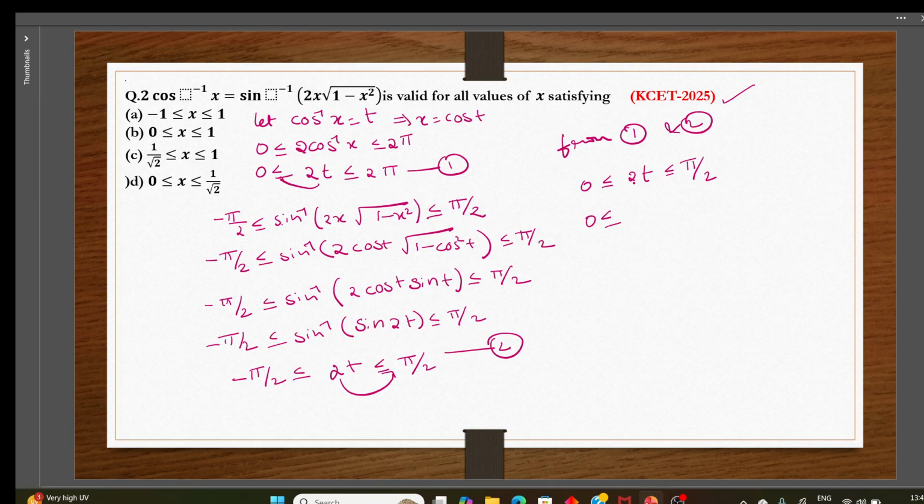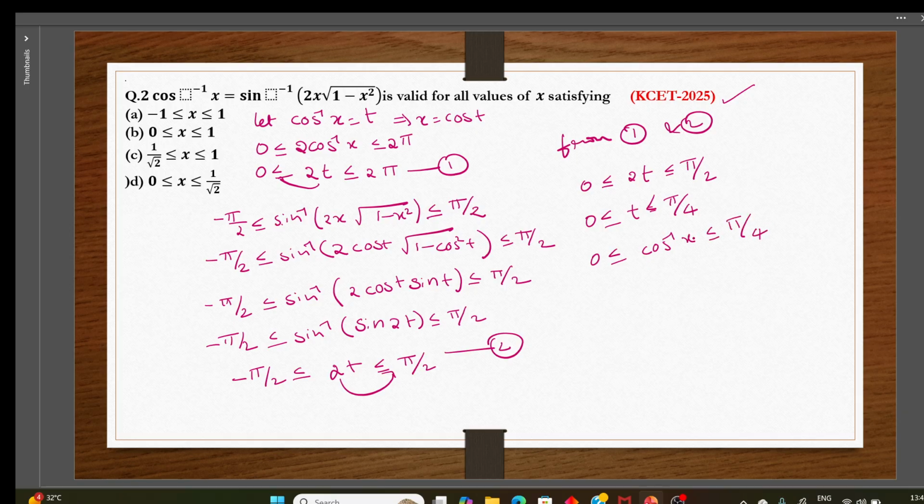So 0 less than or equal to 2t less than or equal to pi by 2 gives 0 less than or equal to t, less than or equal to pi by 4. What is t here? Cos inverse of x, less than or equal to pi by 4.